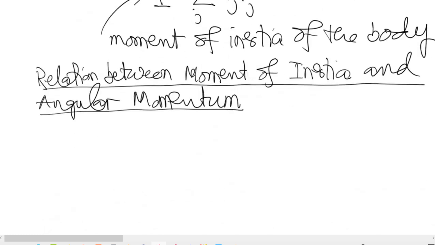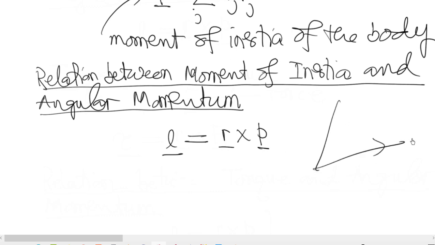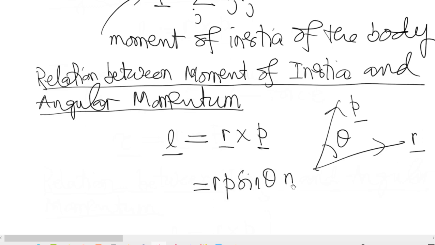To find this relation, we consider the angular momentum, which is r cross p, where p is the linear momentum. If the angle between the r vector and p vector is theta, then we can write it as r p sine theta times the unit vector small n.